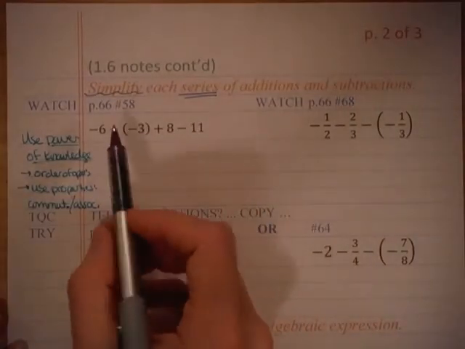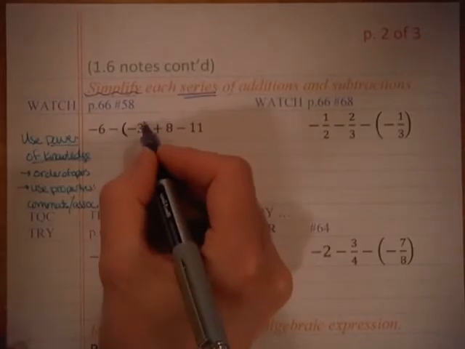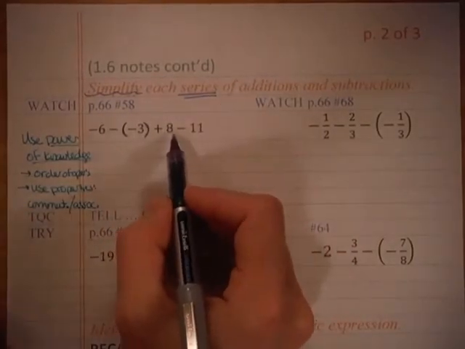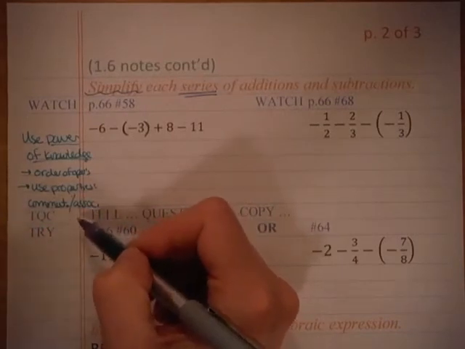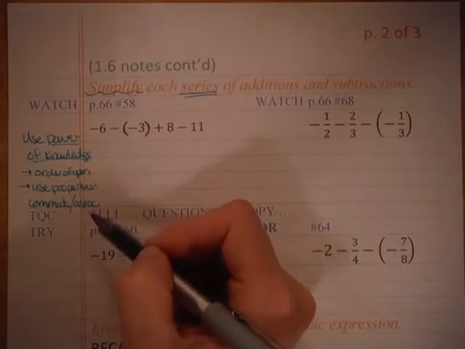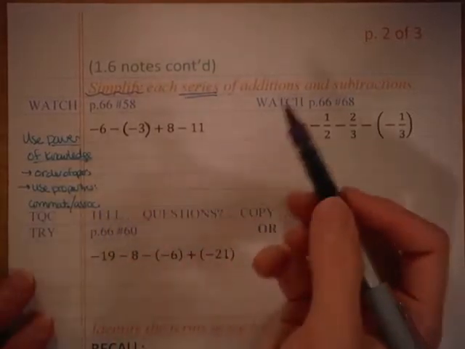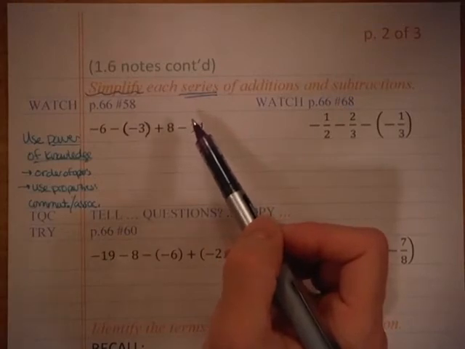Okay, let's read this. -6 minus a -3, parentheses here just highlighting, hey, I'm a negative, plus 8 minus 11. So order of operations says we just need to take addition and subtraction as they come to us left to right. I'm going to take that even one step further and say we're in the section where we're practicing subtracting positive negative numbers.